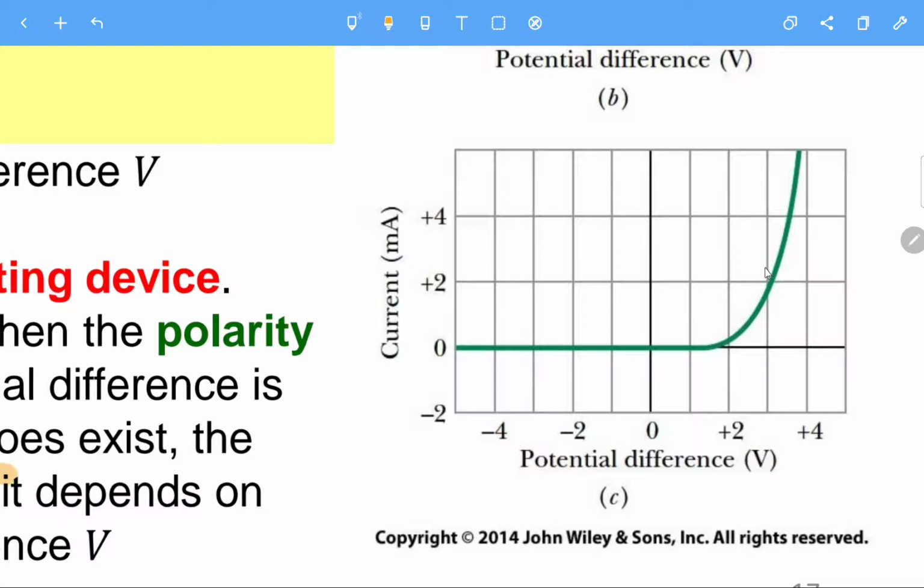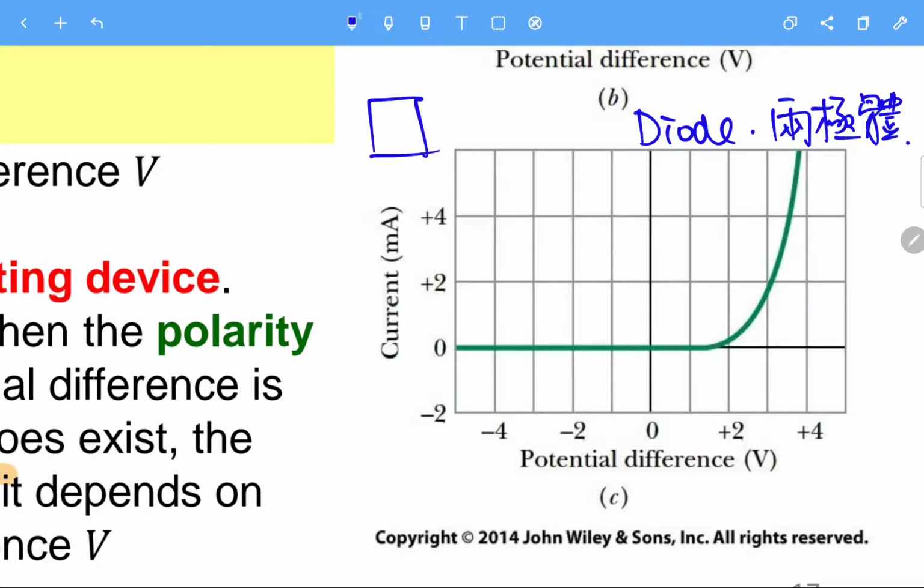Actually, for this kind of device, it is the IV characteristics of a diode. So this is simply connecting a P-type semiconductor with an N-type semiconductor in series, and then it will have a characteristic like this.